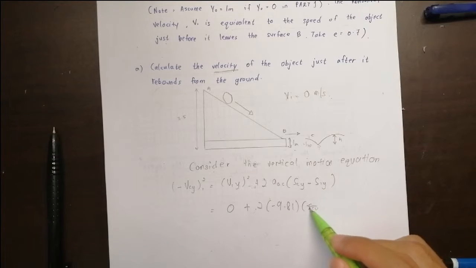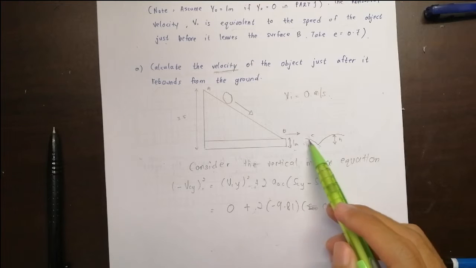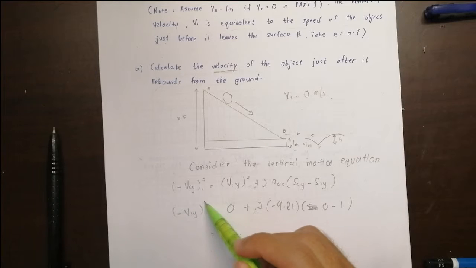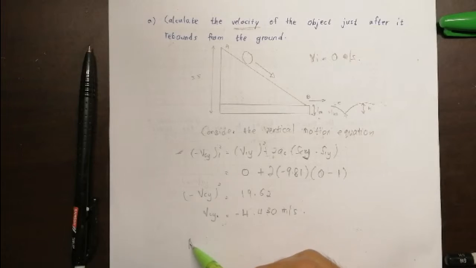SCy is 0, minus S1y, which is here, so 1. When you perform this equation, you will get the final answer of negative 4.430 meter per second.